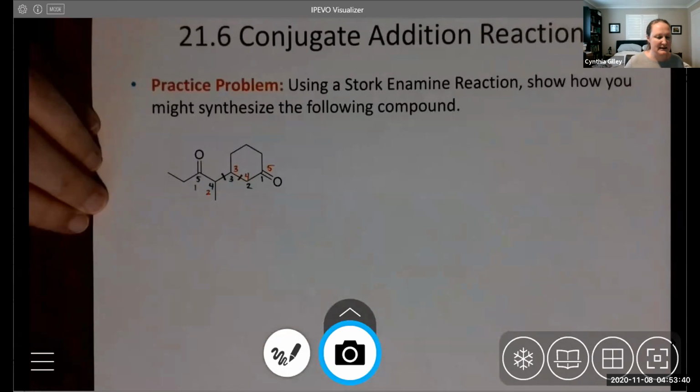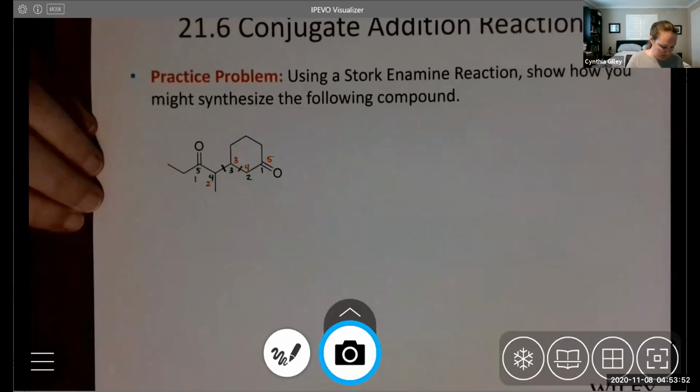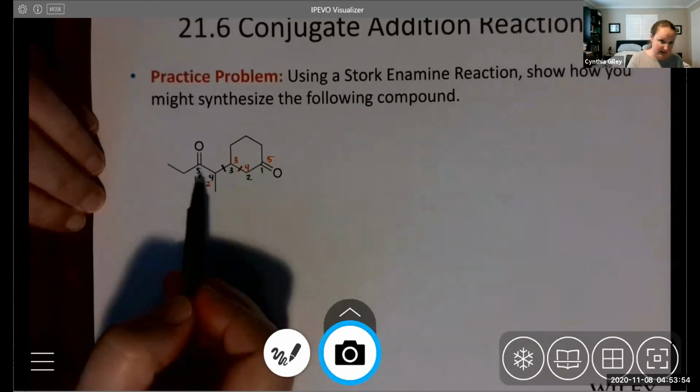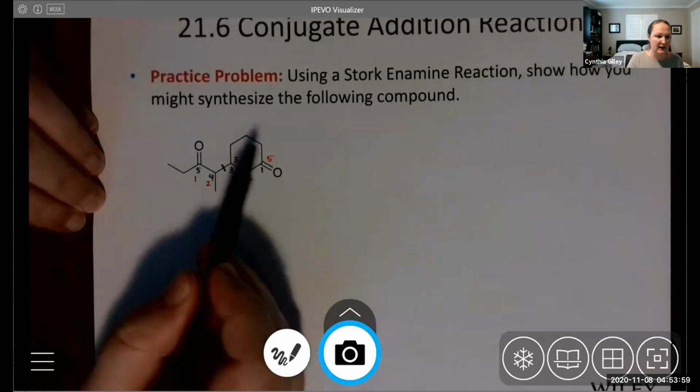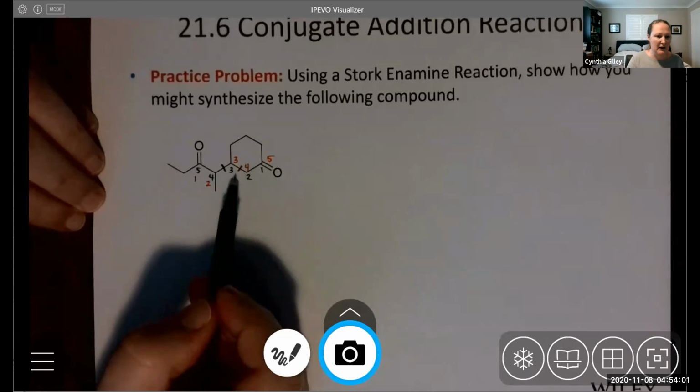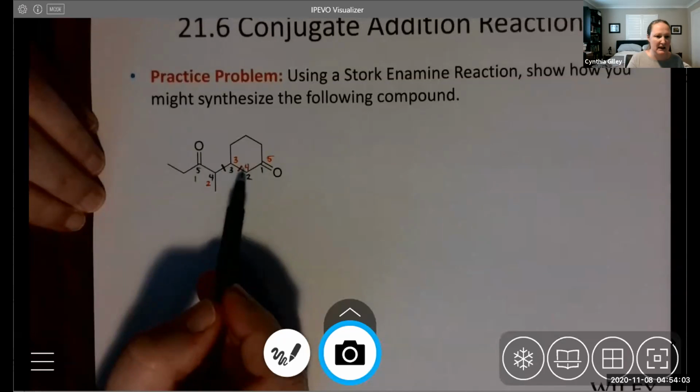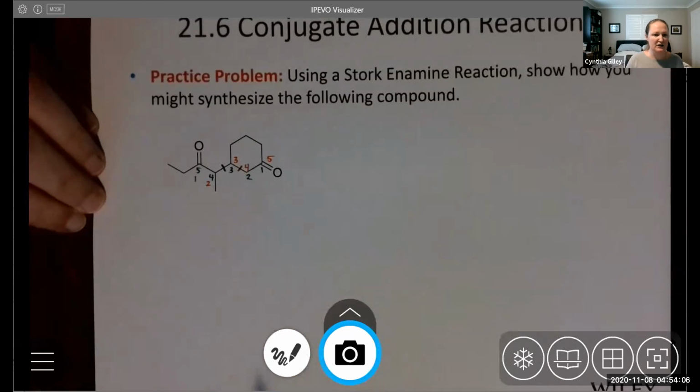So there are some choices in which exact Stork enamine synthesis you want to use. I think it is easier to utilize the green pathway and make this carbon-carbon bond, just because that leaves this as an intact ring. If I make this other carbon-carbon bond, then I need to rely on making a ring in my reaction and doing an intramolecular reaction, which is possible, but perhaps not quite as easy.